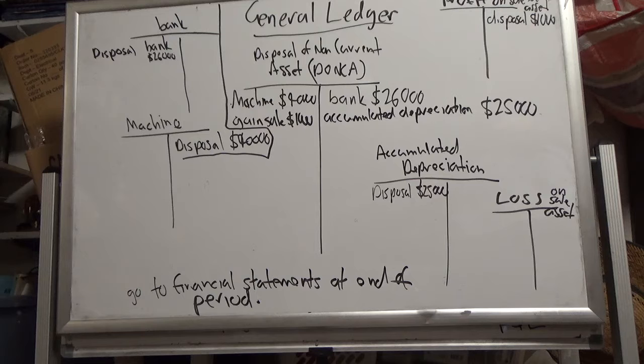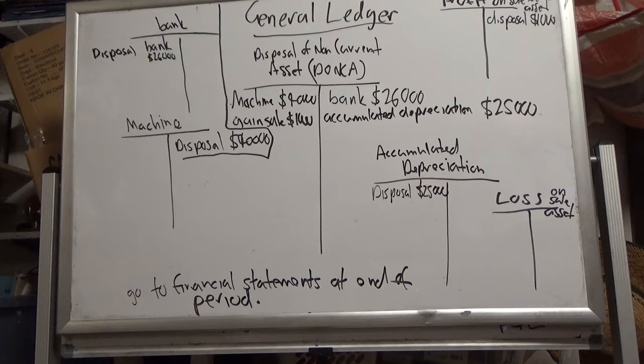Now we go with that $26,000 figure of bank, we go to the bank ledger, the debit, but we label it disposal. Okay, so that's the first entry. The corresponding credit is go to DONCA on the credit side, the right hand side, and label it bank. How much we got for the sale, 26,000.